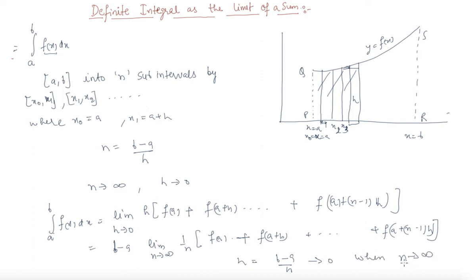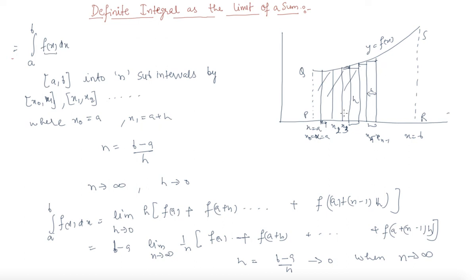So students, this definite integral as the limit of the sum represents this area. I hope you are now clear that these small strips represent these rectangular strips, with width xn minus x(n minus 1), which is h, and height f(a plus (n minus 1)h).